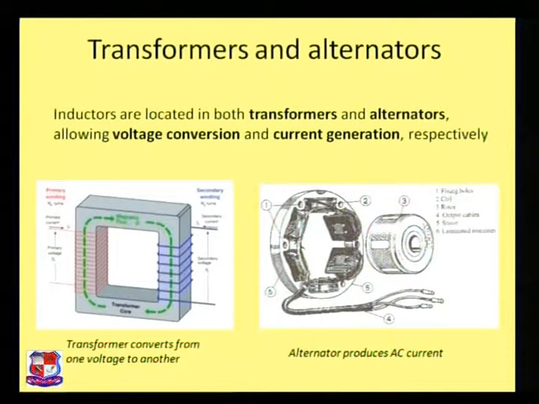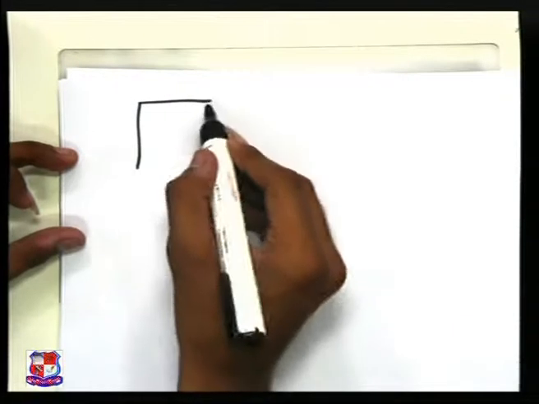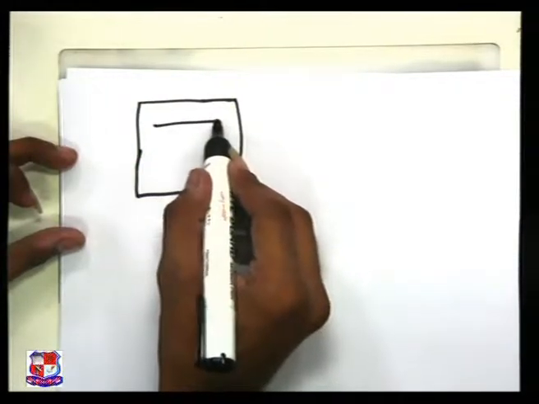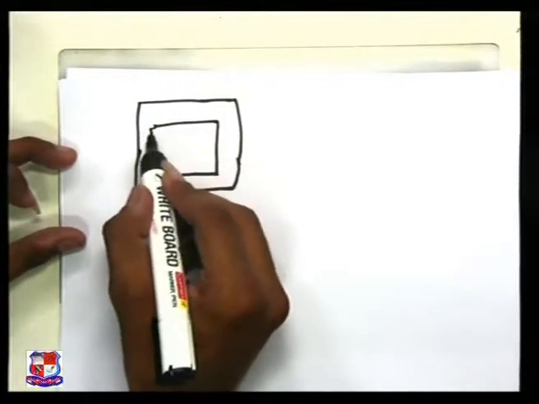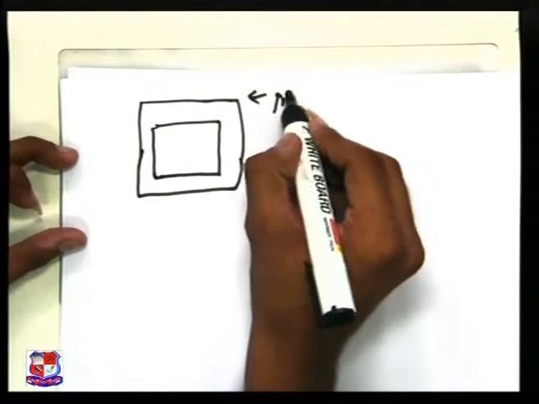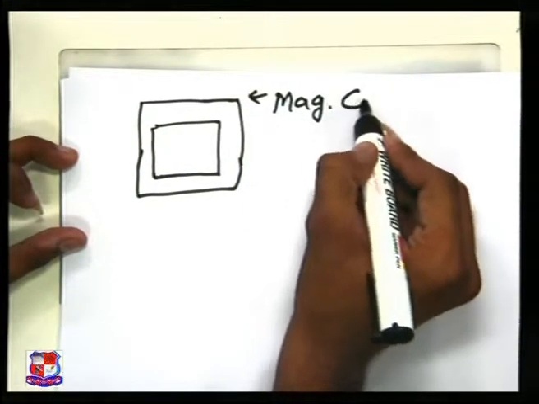In a transformer, we have three things. The first thing is a magnetic core.